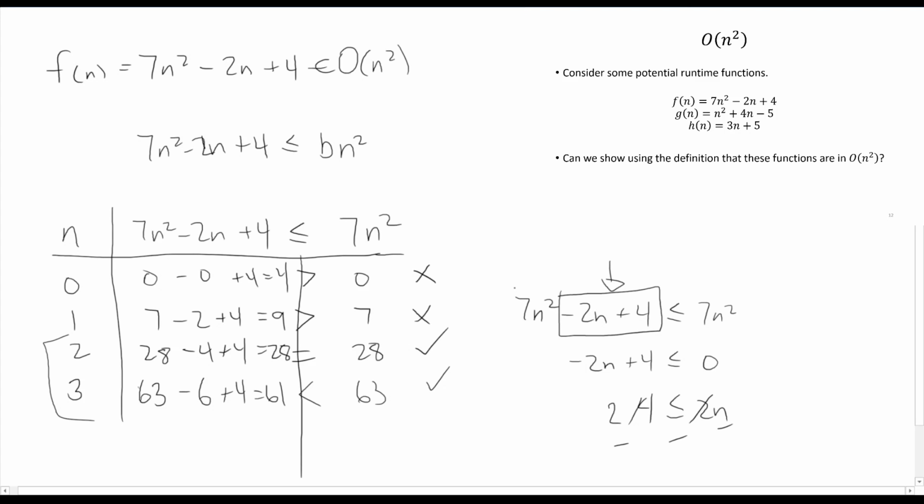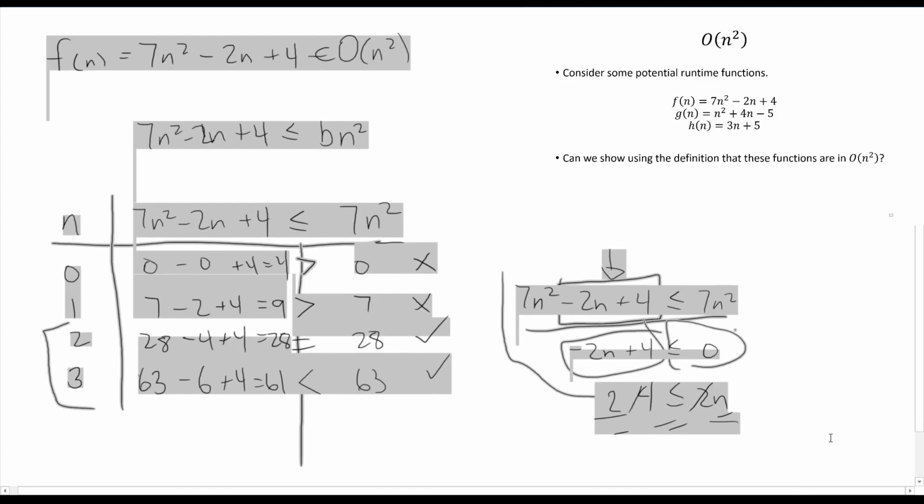Okay, so that's the extra bit that I might include in my proof. I might say this line is less than the right-hand side here because this part is negative whenever n is greater than or equal to 2. So piece that together in your own proof. We've got a slightly different one here on the slide that I had. So see if you can take this work and put it together.